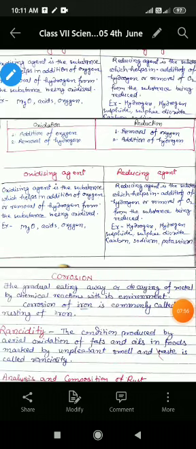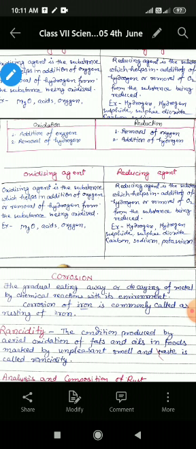Yes, students, now we'll discuss corrosion. The surface of a metal may be attacked by air, water, or other substances around it. Corrosion may be defined as the gradual eating away or decaying of metal by chemical reaction with its environment.